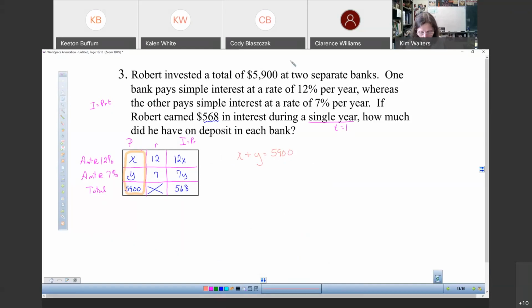My second equation is going to come from the last column. And my second equation, therefore, is going to be 12X plus 7Y is equal to 568. And those are my two equations. And now I just have to solve my system of equations.